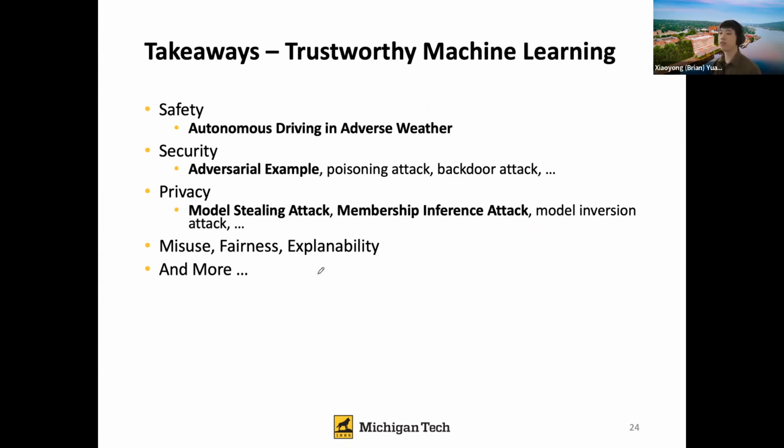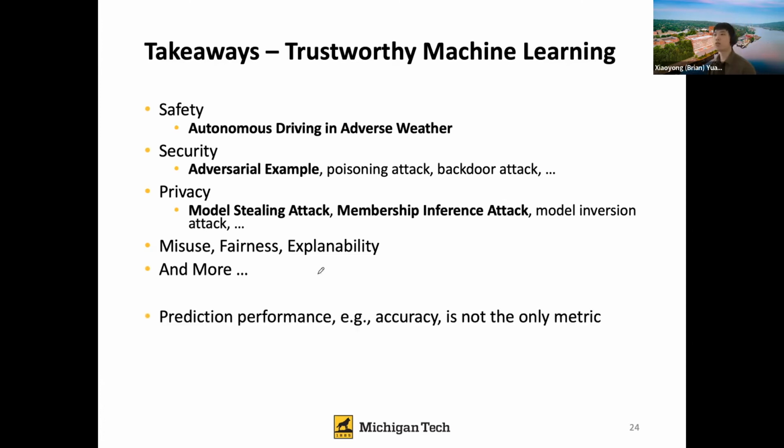We also find that existing machine learning algorithms have other issues regarding trustworthy machine learning. For example, the misuse of machine learning, such as deepfakes, which is a big threat in recent years. Also fairness and ethical issues about machine learning, and machine learning explainability is also a very hard problem, and there are many other issues.